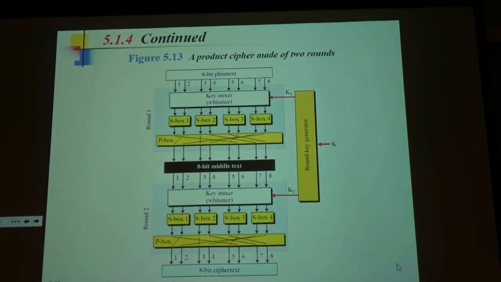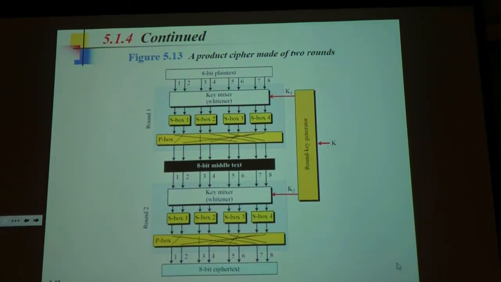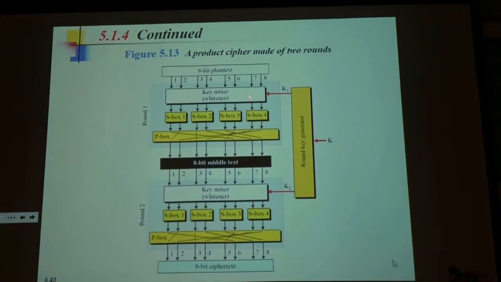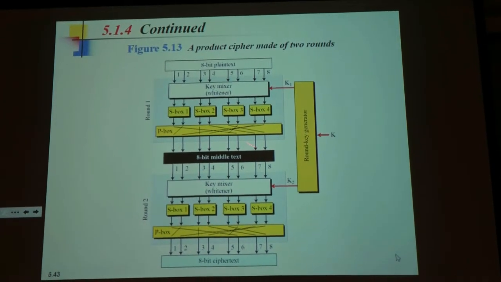What is this P box? Transposition. You see? Like shift all of these. What do I get in the middle, the output of round 1? An 8-bit middle text, mixed up. Mixed with the key, mixed in the S boxes, and mixed in the P boxes.